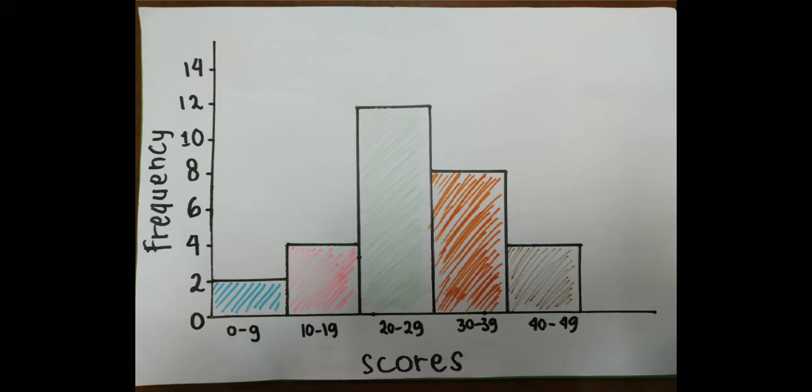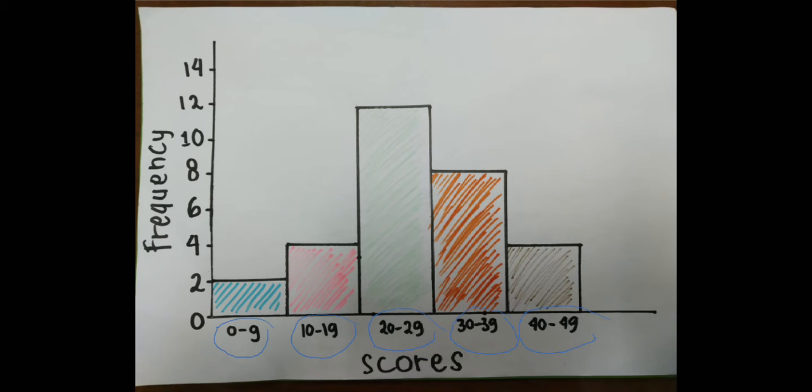We are considering score intervals such as 0 to 9, 10 to 19, 20 to 29, 30 to 39, and then 40 to 49.